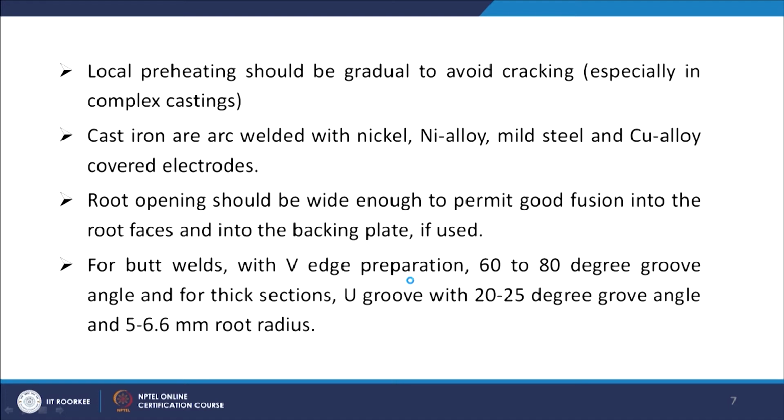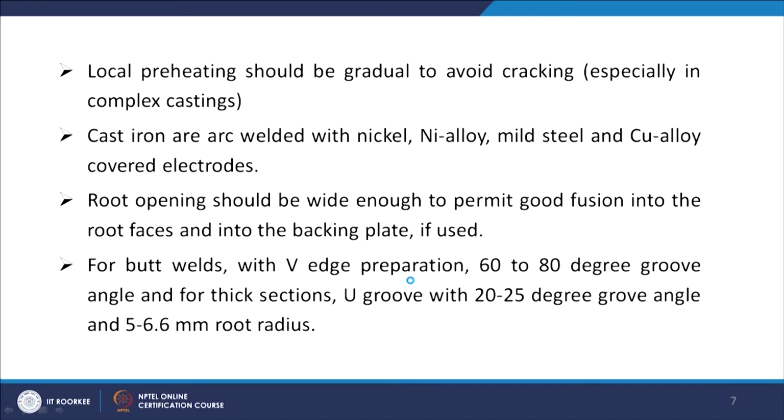Cast iron is arc welded with nickel alloy, mild steel and copper alloy covered electrodes. Root openings should be wide enough to permit good fusion into the root faces and also into the backing plate if used.